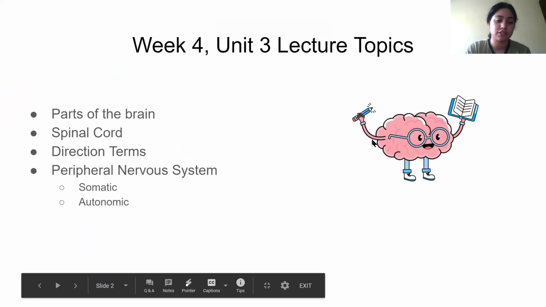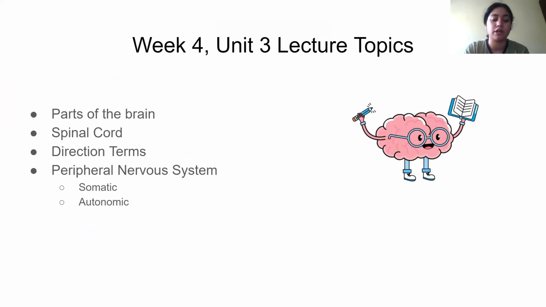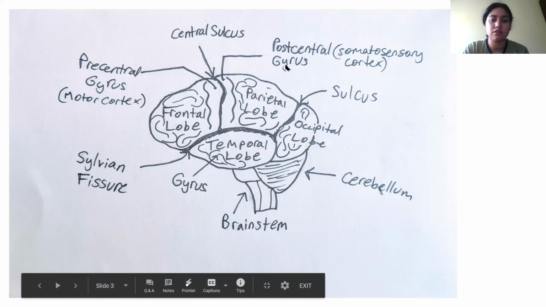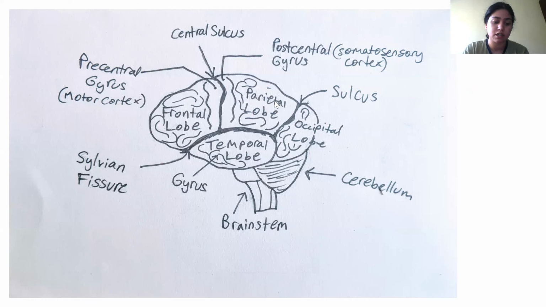In this week's lecture, we'll learn about different parts of the brain and spinal cord and the central and peripheral nervous systems. So the brain can be divided into different lobes. The frontal lobe is for more executive decision making and thinking, the occipital lobe for visual processing, the temporal lobe for memory and recognition, the parietal lobe for spatial processing and sensory processing, and then this part at the back, the cerebellum, for balance and coordination.